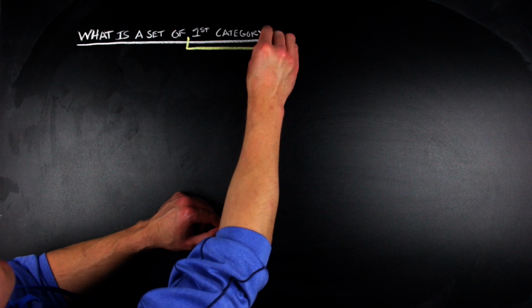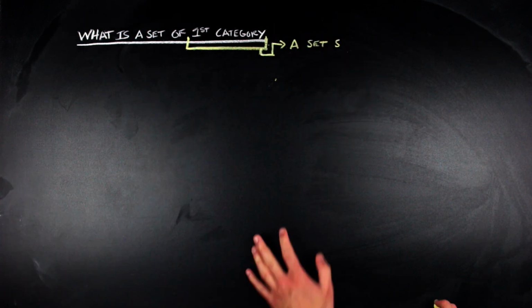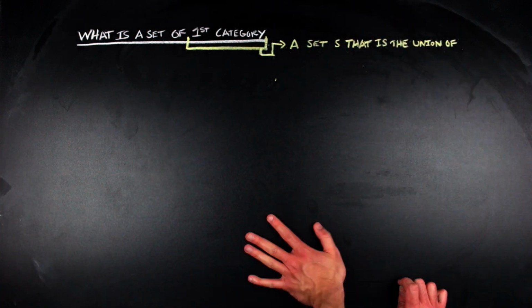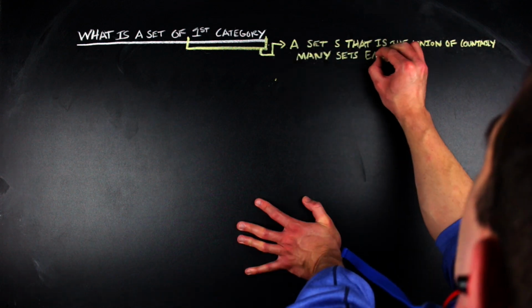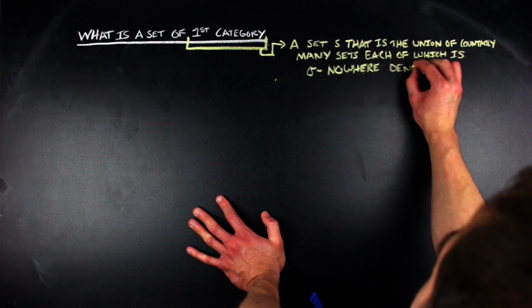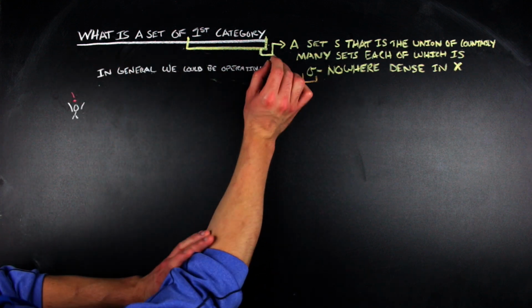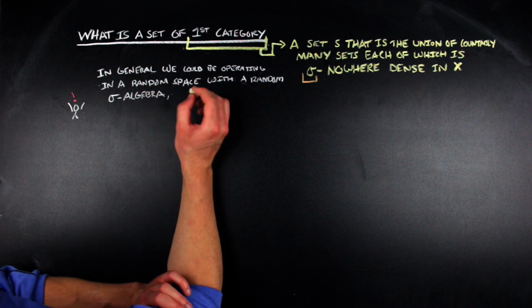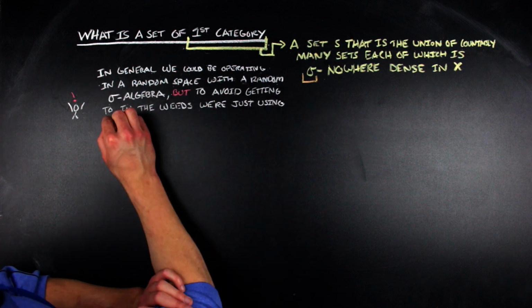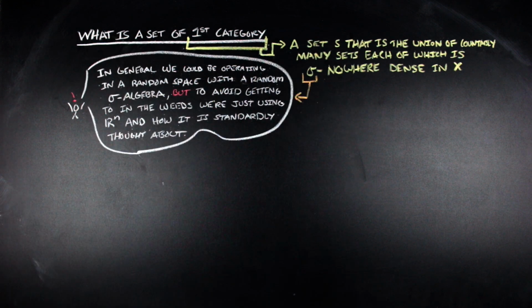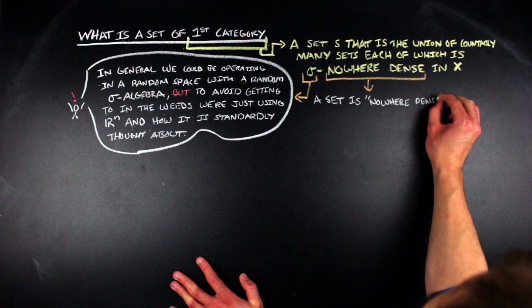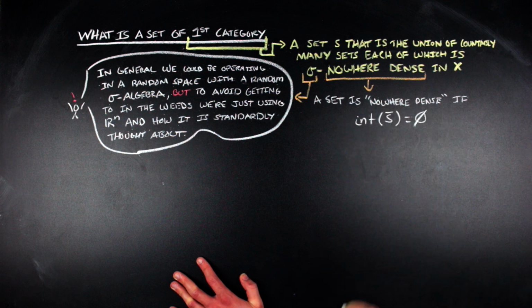Now, a set is of first category if that set is the union of countably many sets, each of which is sigma nowhere dense in the space X. In general, we could be operating in a space with some random sigma algebra, which is what the sigma here is referring to. Instead of defining all that, we can disregard the sigma altogether and focus just on what a nowhere dense set is. A set is nowhere dense if the interior of its closure is empty.